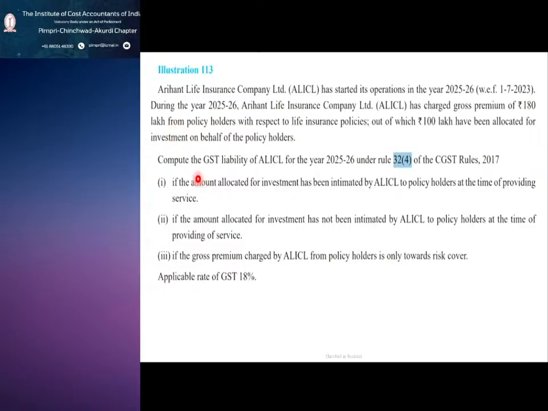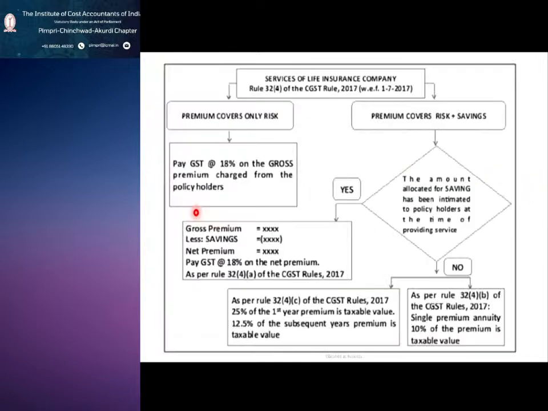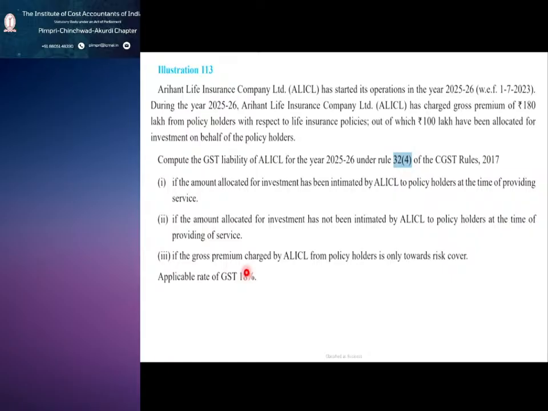Compute the GST liability under section 32(4). If the amount allocated for investment is intimated to policy holders at the time of providing service, what do we have to do? Gross premium less savings gives the net premium. On the net premium, GST 18%.